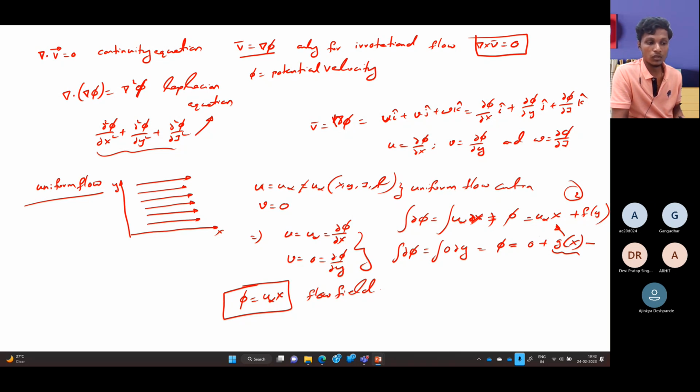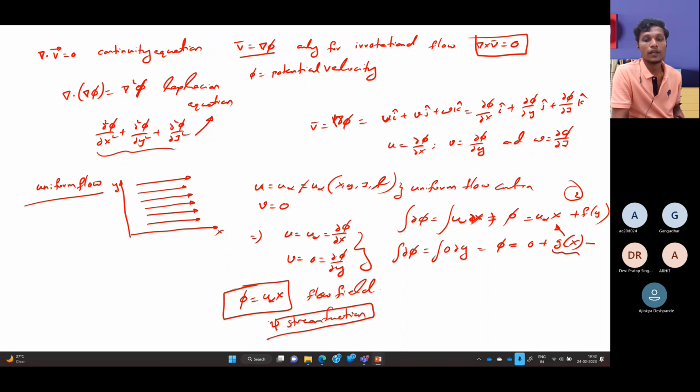The moment phi is given for some velocity field, that means the velocity field is irrotational. It also satisfies the continuity equation, and it also gives the u velocity and v velocity. So only one single variable, phi, gives us this much information about the flow field. That is why we are interested in writing the flow field in terms of phi or in terms of psi. Psi is the stream function.